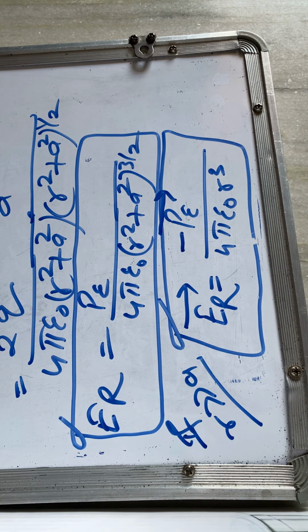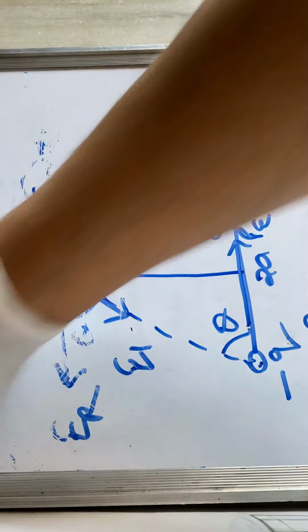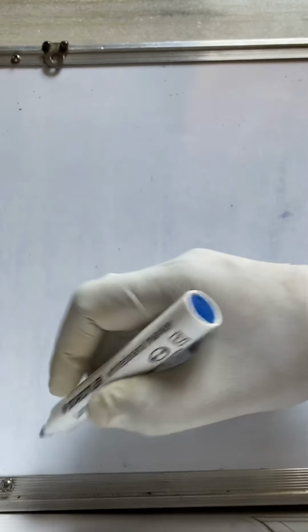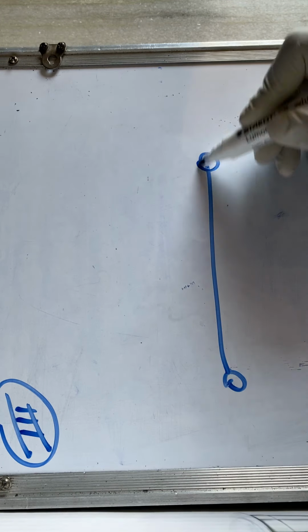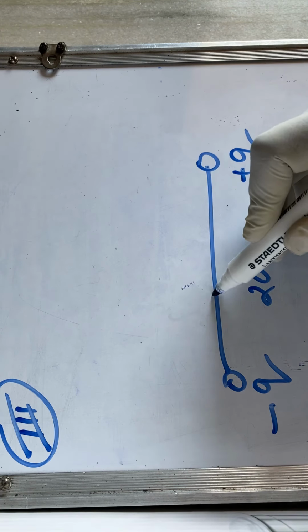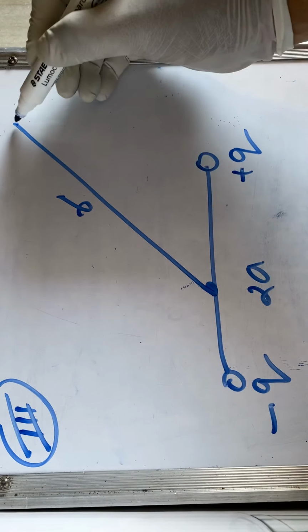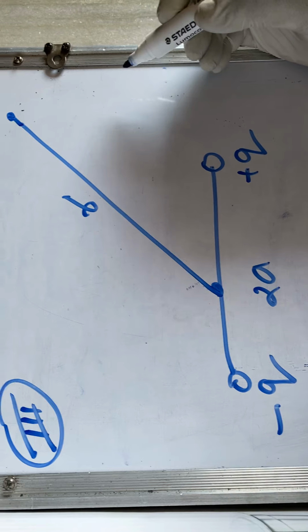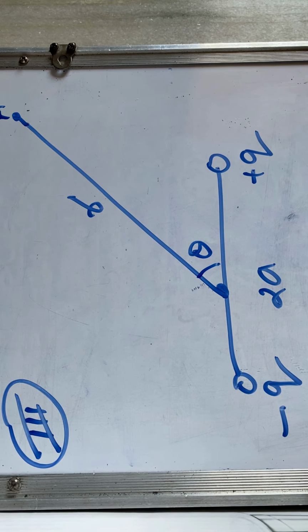Now we discuss one more case. Say this is an electric dipole, minus q and plus q, with separation 2a. We want to find the electric field at a point A, at r distance from the dipole, at angle theta from the dipole moment.